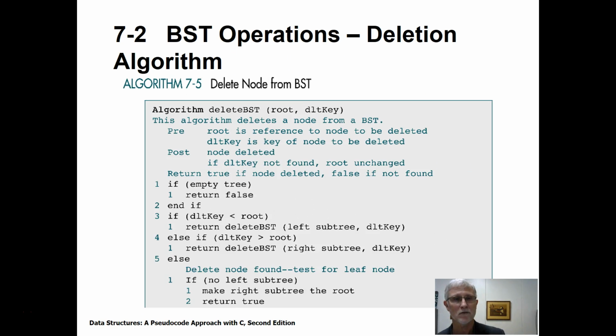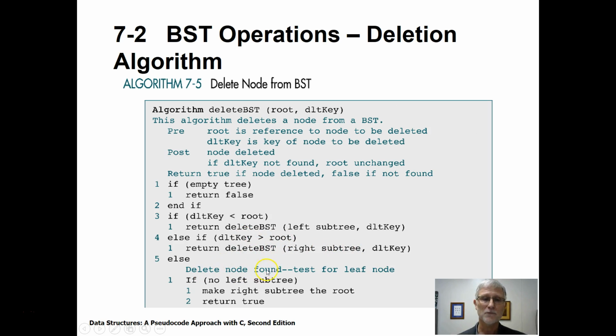So let's see if the algorithm makes sense here. One, if you've got an empty tree, return false. I couldn't delete the node you wanted to. But if the delete key is less than, I'm going to call the left subtree, or if it's greater than, I'm going to call the right subtree.